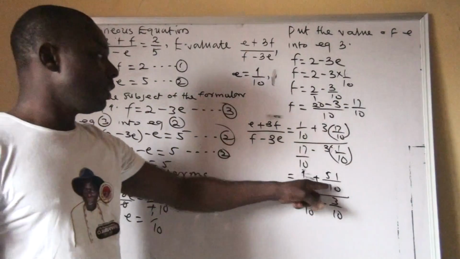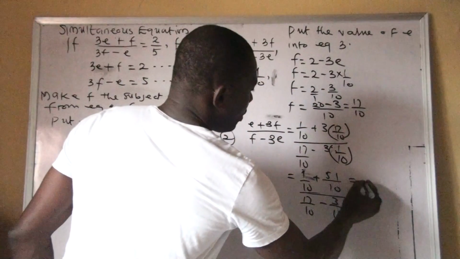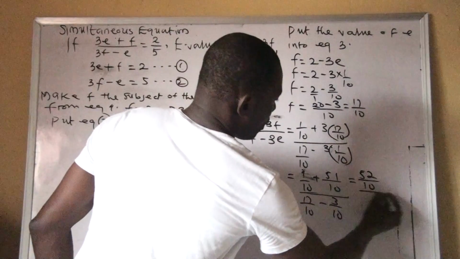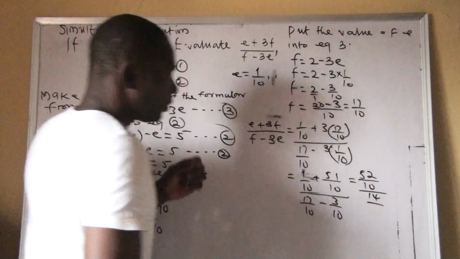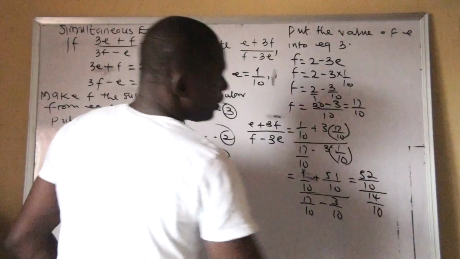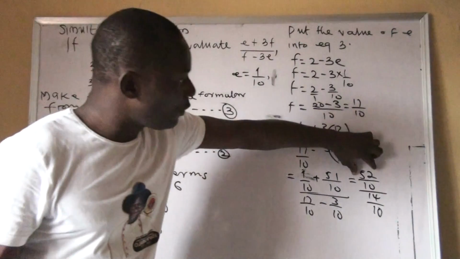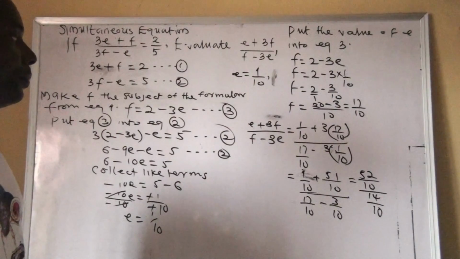Since the denominators are the same here, we have 52 over 10 all over 14 over 10. So quickly, we can do this. We are saying 52 over 10 divided by 14 over 10.